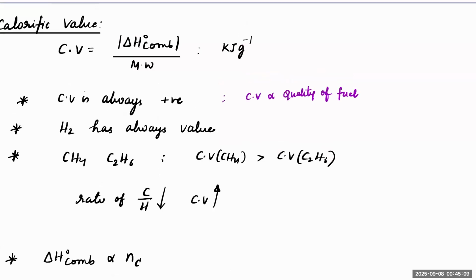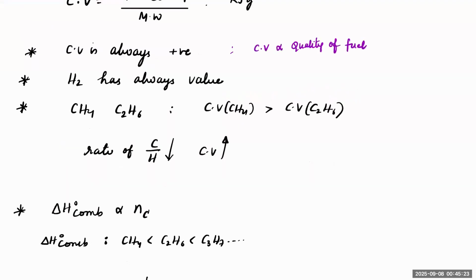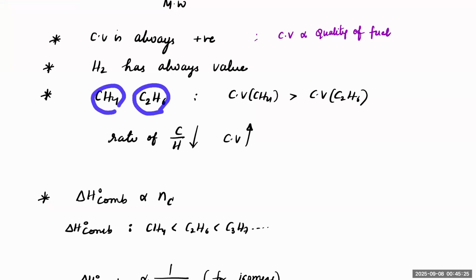Check it out. First, CV is just a magnitude, so it is always positive. H2 has the maximum value because the molar mass of H2 is the least. For example, if you take CH4 and C2H6, the calorific value is higher for the organic compound having more hydrogen to carbon ratio. Here the ratio of hydrogen to carbon is 4 is to 1.